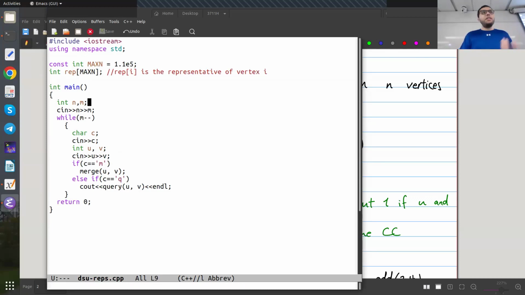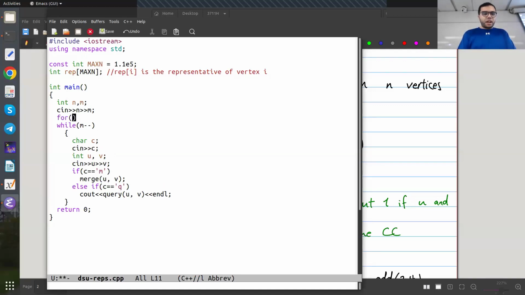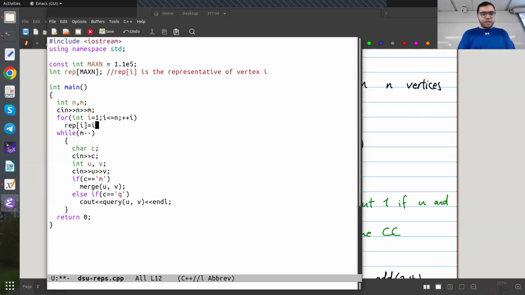Okay. Now, initially, every vertex is in its own connected component. Every set has a size of 1. So everyone is their own representative. So initially, I would say for every i from 1 to n, the representative of i is i. That's my initialization.